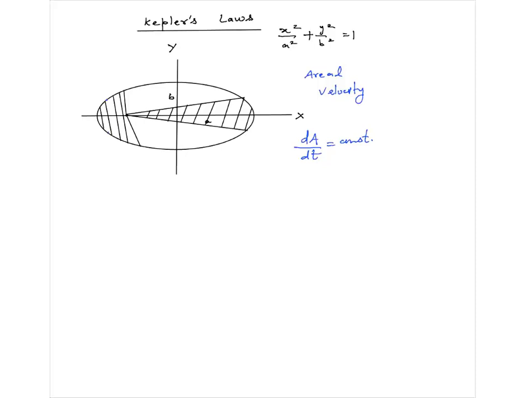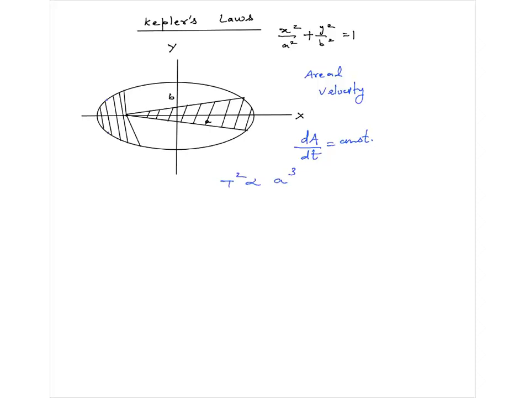The third law says that T square is proportional to the semi-major axis cube. That's law number 3.